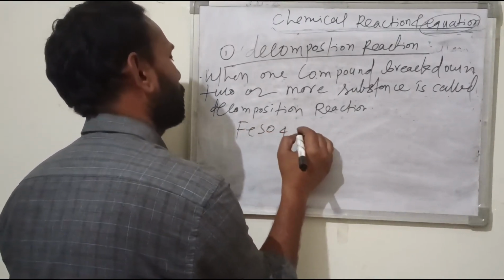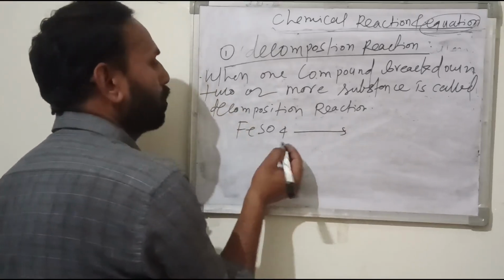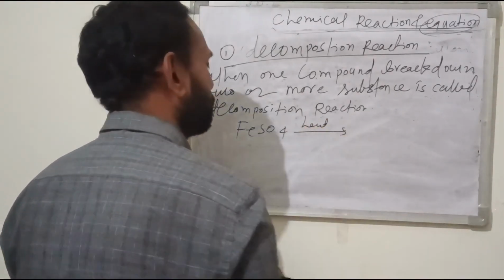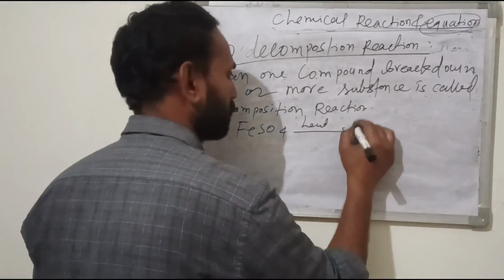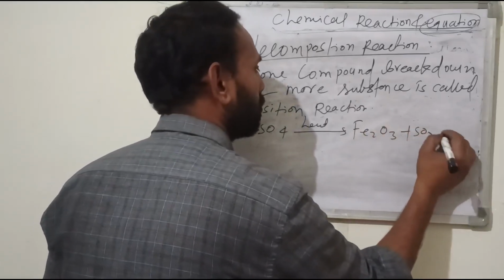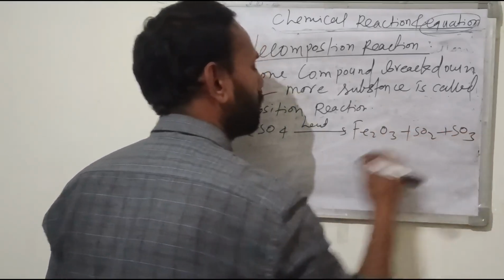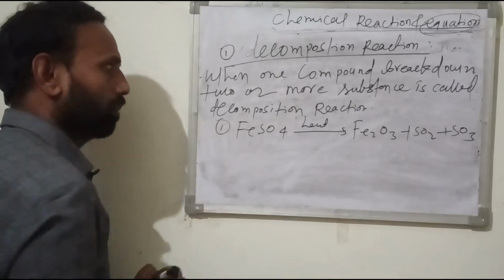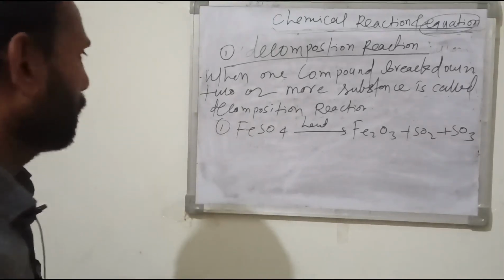FeSO4, ferrous sulfate. On the ferrous sulfate you provide the heat. This will break down into Fe2O3, SO2 plus SO3. This is the first example of the decomposition reactions.